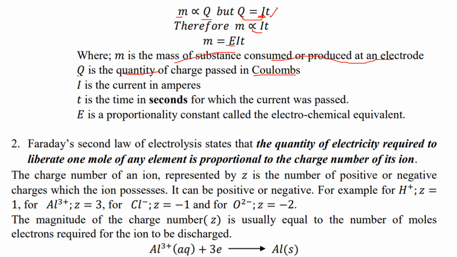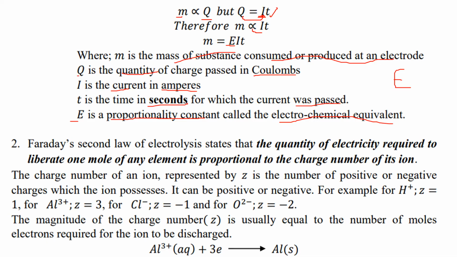I is the current, measured in amperes, and T is the time, measured in seconds, for which the current was passed through the solution or the molten substance that is being decomposed. Now E, just like we said, is called the proportionality constant, and it's also called the electrochemical equivalent, for as long as you write it in capital letters.